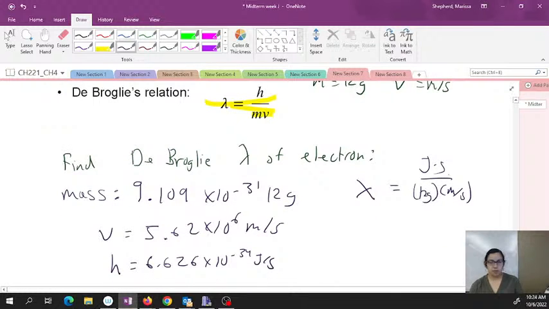This gives us joules times second squared over kilogram meter.